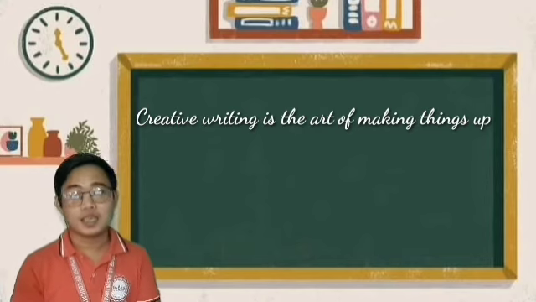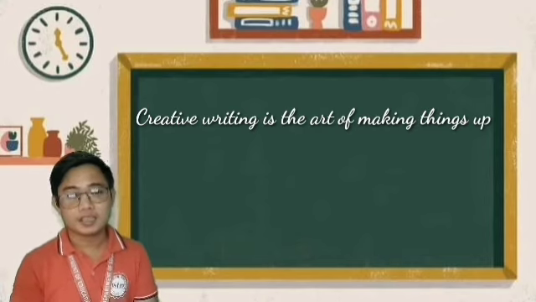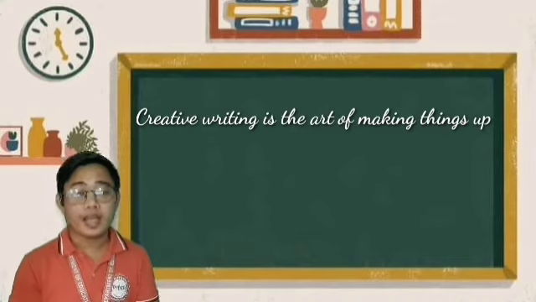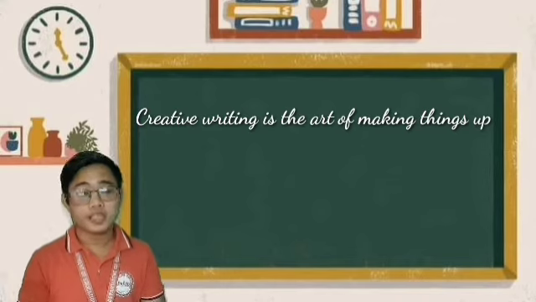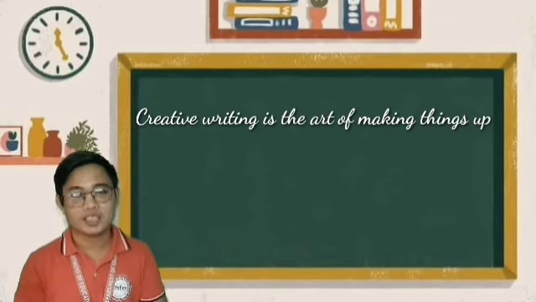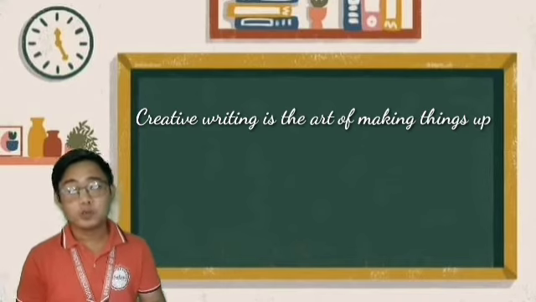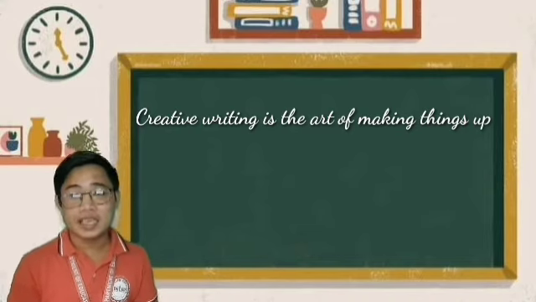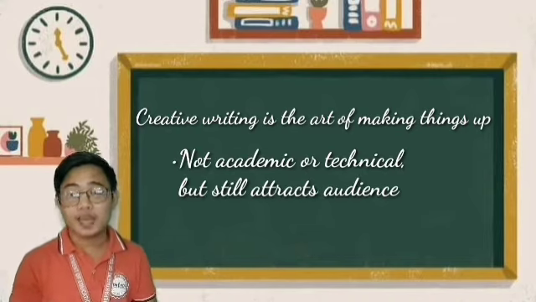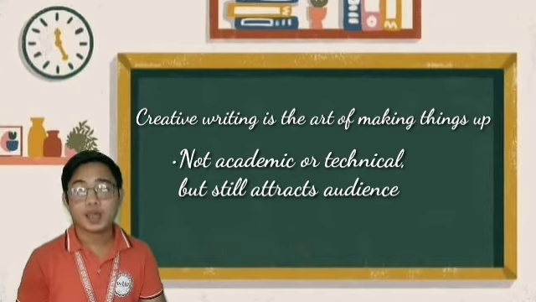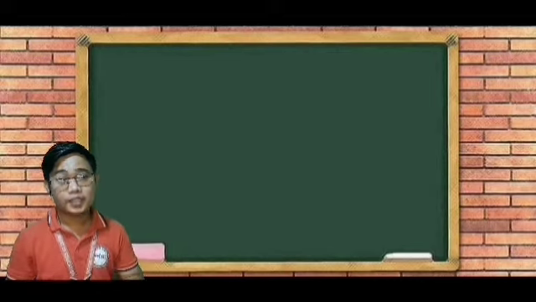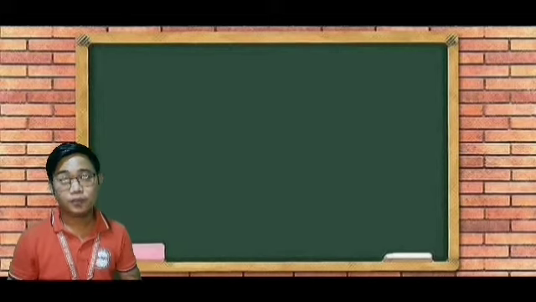So it is a kind of writing that doesn't follow any traditional skill, print media, or technical types of literature. So, in other words, it is written in a way that is not academic or technical, but still attracts an audience.